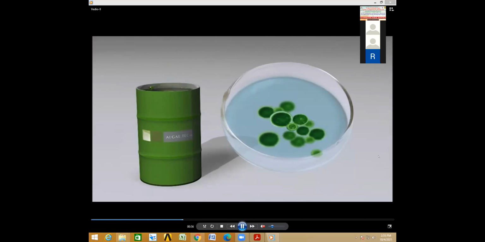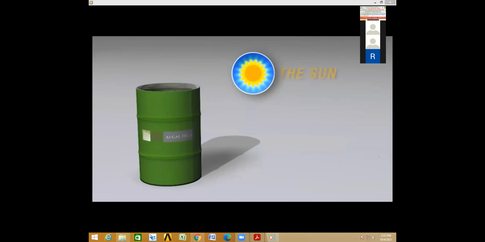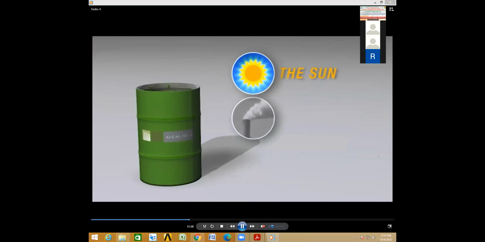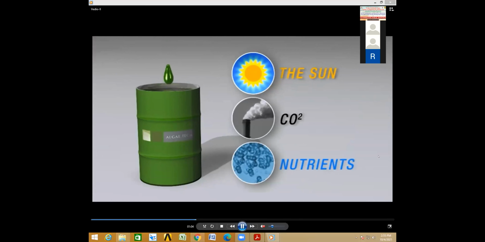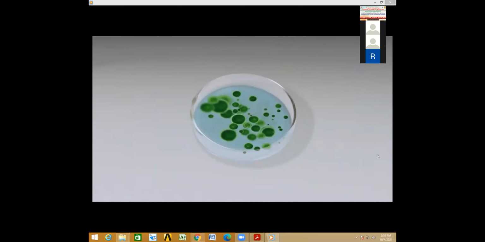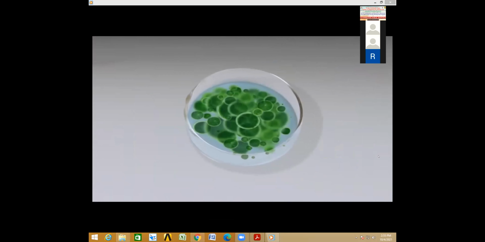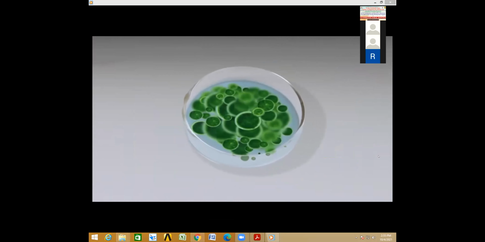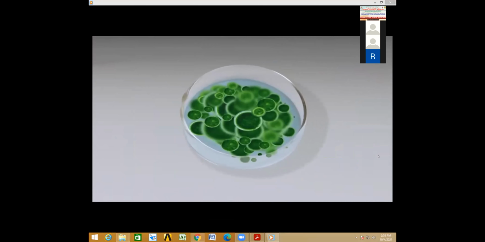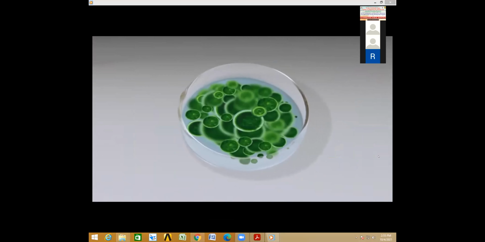But on the contrary, the cost of biodiesel is not increasing in a rapid way. Why? Because the raw materials are very cheap. One, sunlight. Second, carbon dioxide. Three, the nutrients. As I have said, where will the nutrients come from? From the wastewater. So are you getting? All the raw materials are very cheap, and therefore biodiesel overall will be very cheap. But still, it is very costly because the downstream processing is costly.